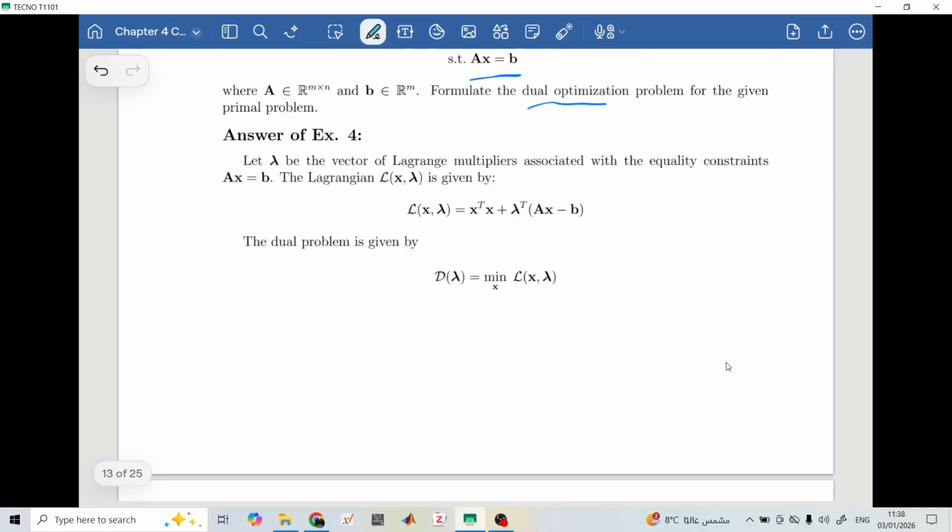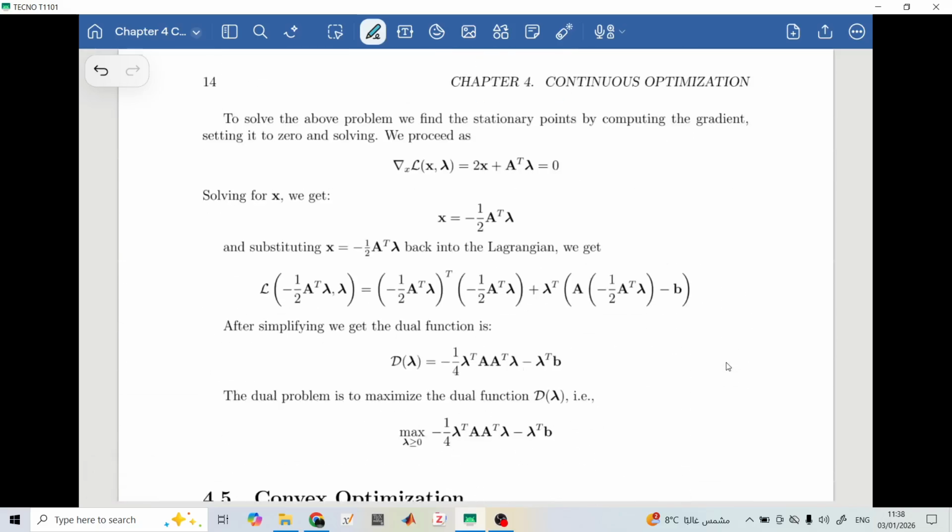So the first step is to find the Lagrangian, right? So we will multiply the constraint with the Lagrange multiplier. Then we find the dual problem. We need to minimize the Lagrangian with respect to x. In order to do that, we differentiate with respect to x, set it to 0, and find the value of x.